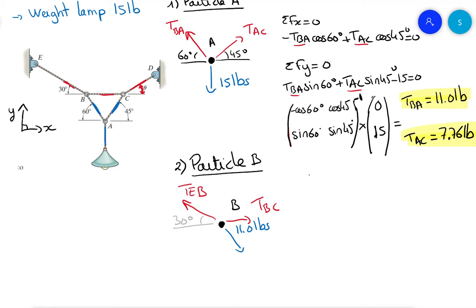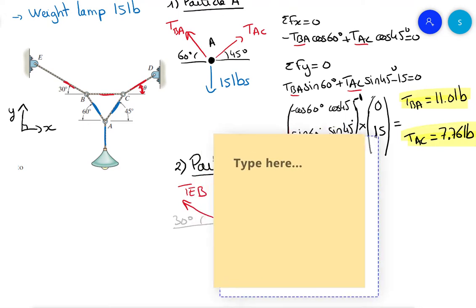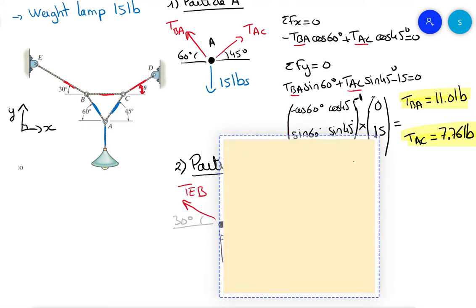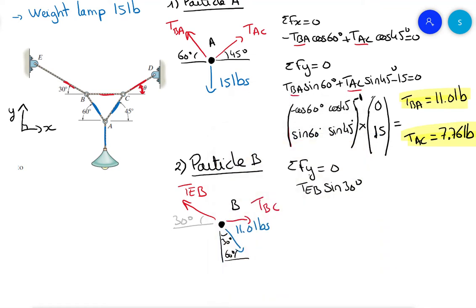So let's do the sum of the forces on Y equals 0. We got TEB sine 30. Oh, I forgot to put this axis there. That's TBA, so that's 60 degrees there, or 30 degrees on the top, right? So let's use the 30 degrees on the top.